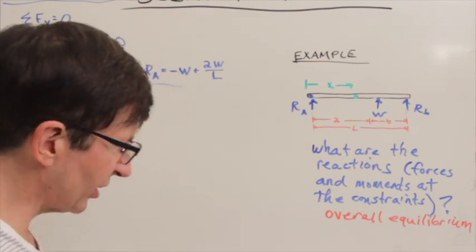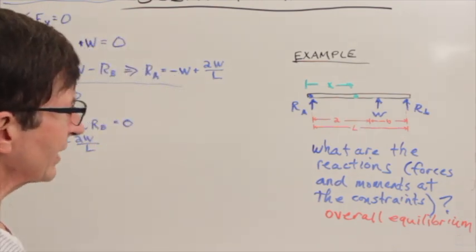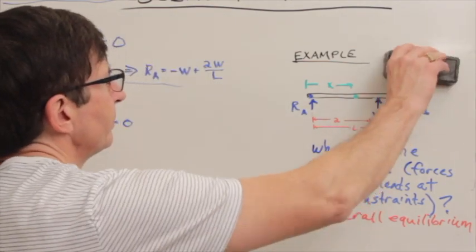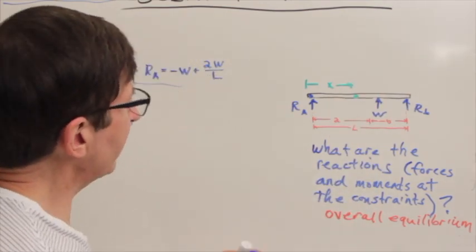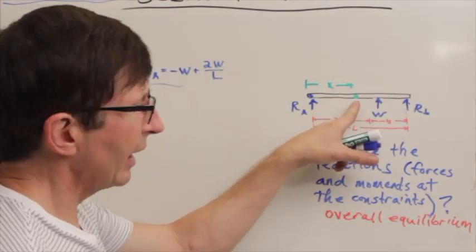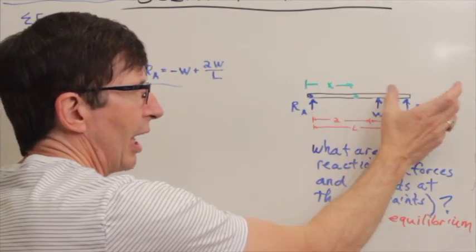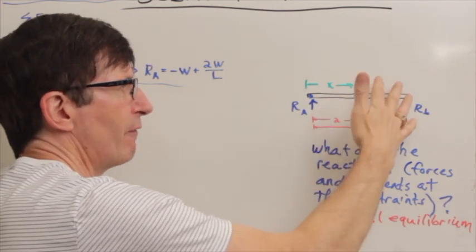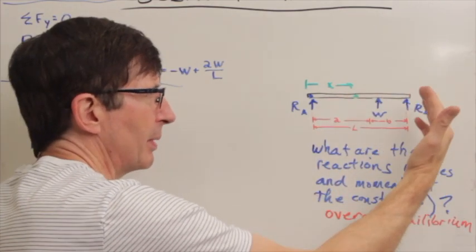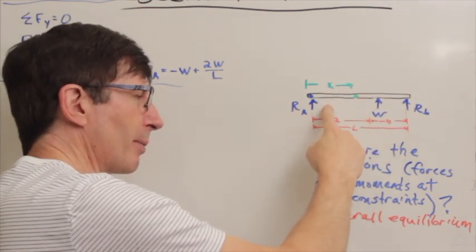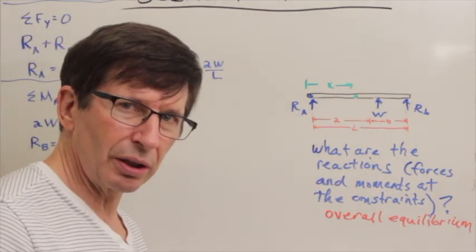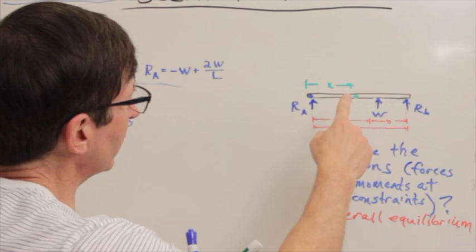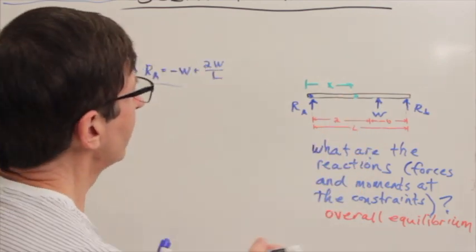So for us in this case, we are asking ourselves if we are to cut the beam at some point x, we're literally going to lop off the part to the right of that and replace the effect of the missing part of the beam on the remaining part as an unknown force and moment. So here we're going to make our cut right there.